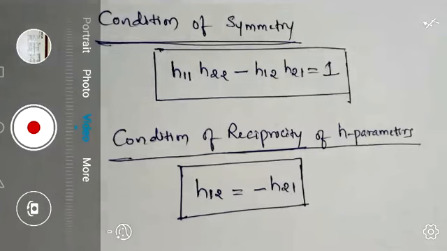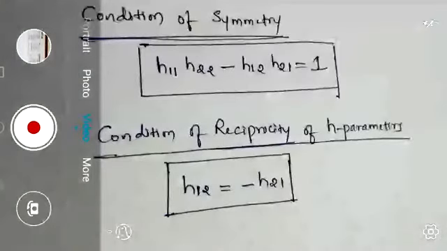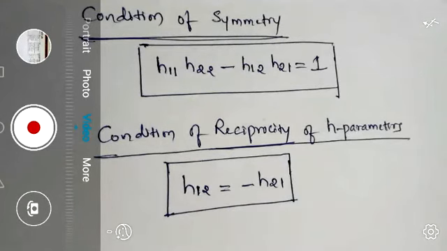Then we discussed why H parameters are called hybrid parameters: all these H parameters have different SI units, impedance as well as admittance, ohm as well as mho. Because of that reason, mixing of impedance and admittance is there.